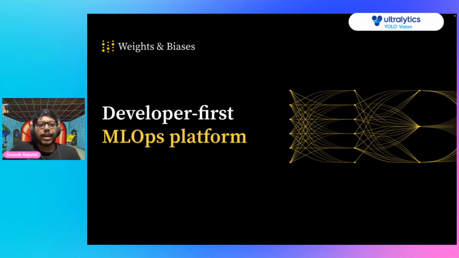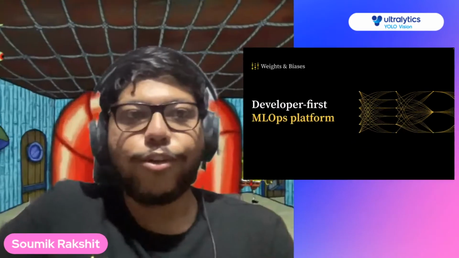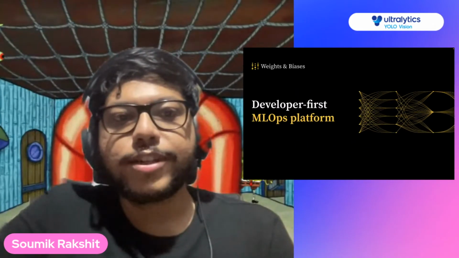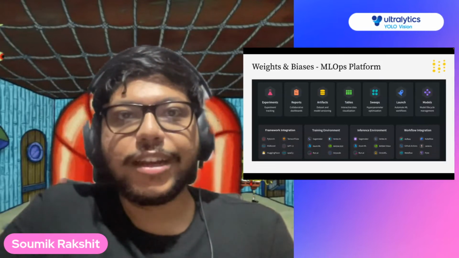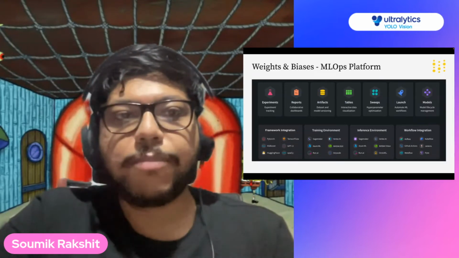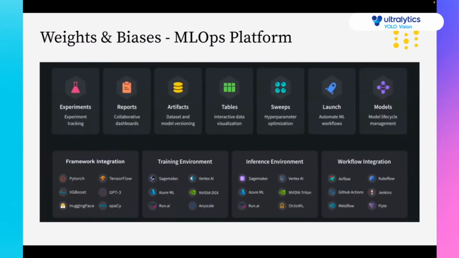So, a little bit about Weights and Biases, where I work. We all know Weights and Biases as the developer-first MLOps platform. We provide a plethora of offerings in terms of services and products, which include experiment tracking and management, collaborative dashboards in the form of reports, dataset and model versioning in the form of artifacts, interactive data visualization, sweeps, launch, and many more.